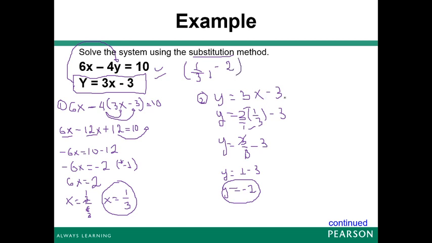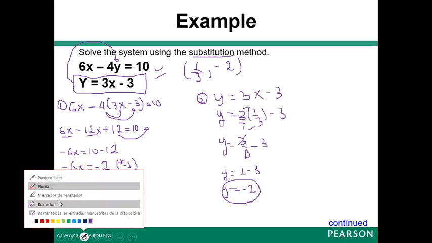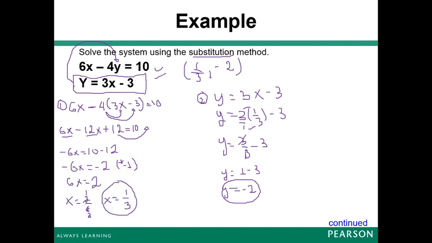Look at now how we can use the substitution method to find the answer of this system in the easiest form.